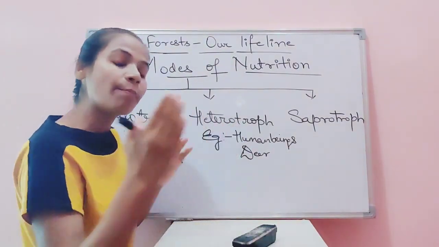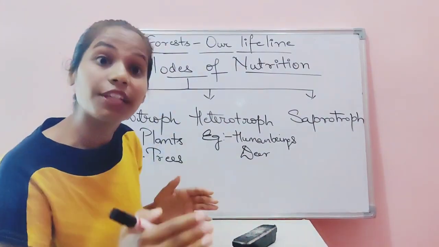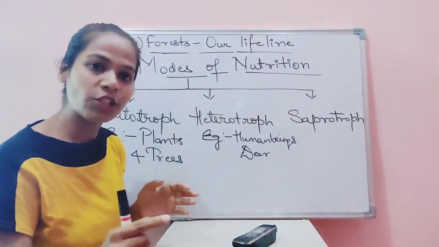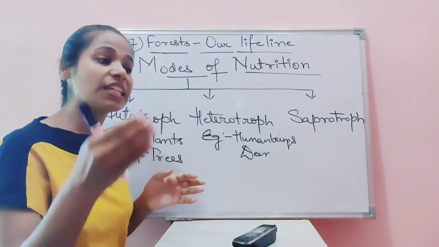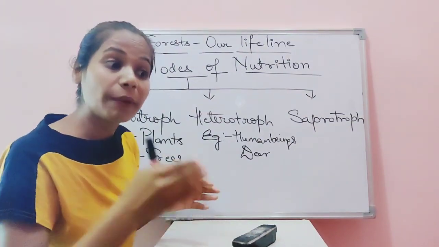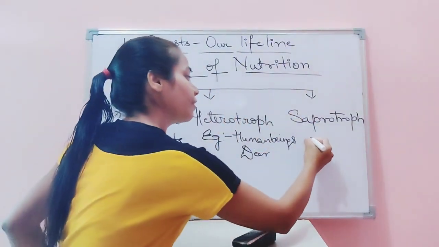The example would be bacteria and certain other microorganisms. They are very minute in size, children. They just eat the dead and decaying matter. They are dependent upon them. So what will be the example here?